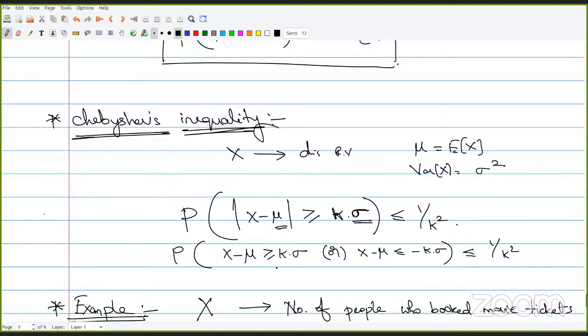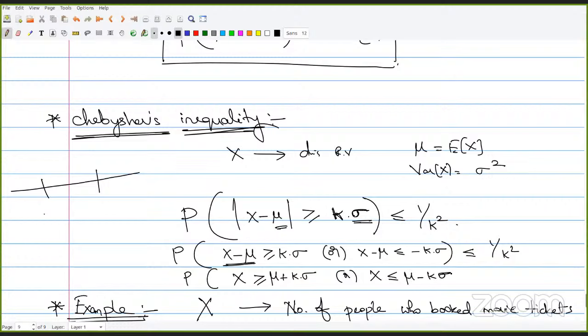Now you see, this is x minus mu I have. Now take mu to the other side. This is nothing but x is greater than or equal to mu plus k times sigma, or x is less than or equal to mu minus k times sigma. Correct?